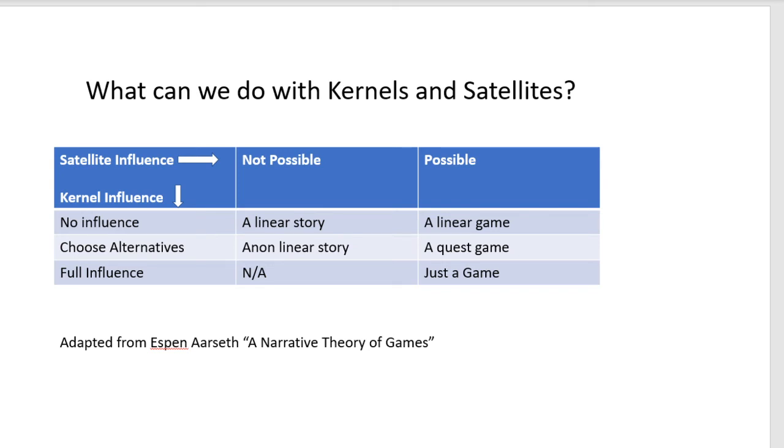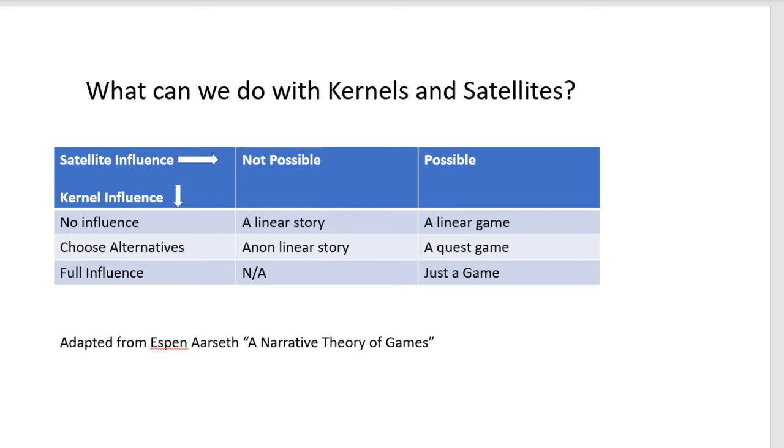So Espen Aarseth, in A Narrative Theory of Games, took a look at using kernels and satellites as a way of breaking down what is happening inside of the game. If there is no player influence on the kernel and no player influence on the satellite, it's a completely linear story.